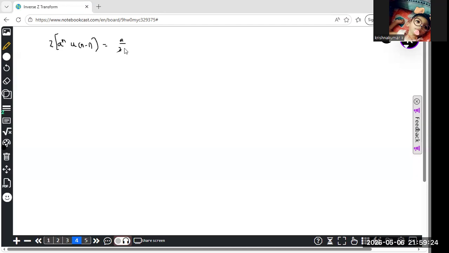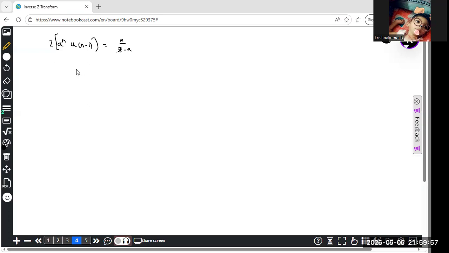First you look at this proof. Why do I want to derive this formula here? If you take the inverse Z transform of A by (Z minus A), then you can use this expression. Hereafter we will use this inverse Z transform for the problem. So first I want to give the proof for this one.